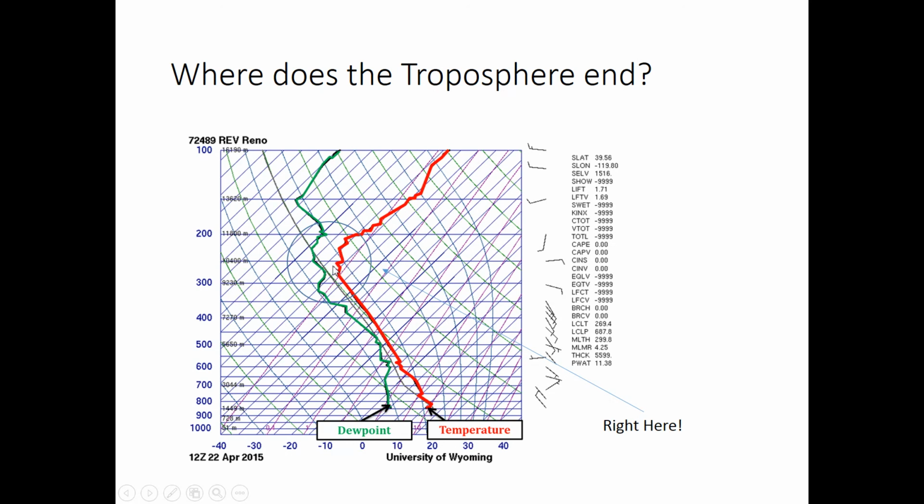However, somewhere in the troposphere, temperature levels off, like right here, and then it begins to increase. This right here represents the end of the troposphere and the beginning of the stratosphere.